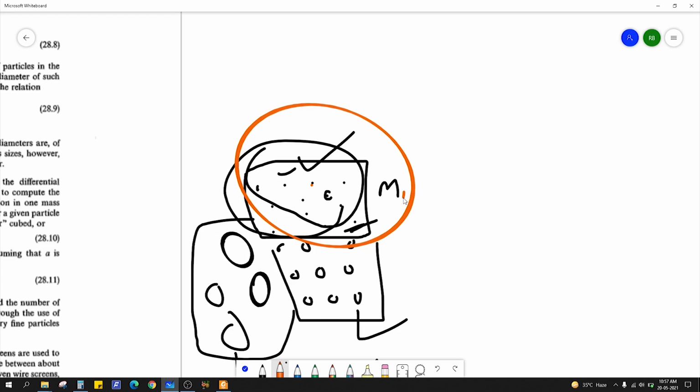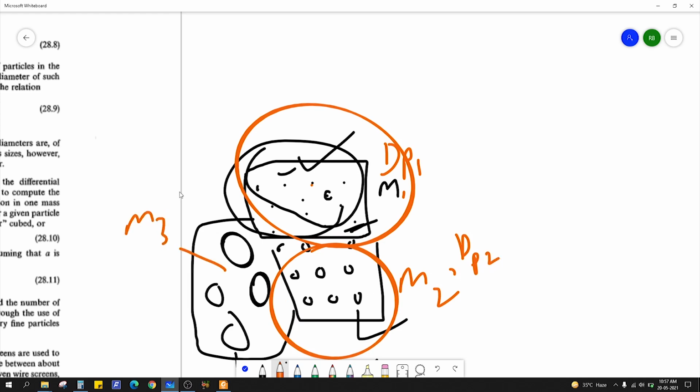Let's say M1, this sample of diameter dp1, and here M2, with average particle diameter dp2. Similarly here M3 and dp3, and so on, up to Mn and dpn.